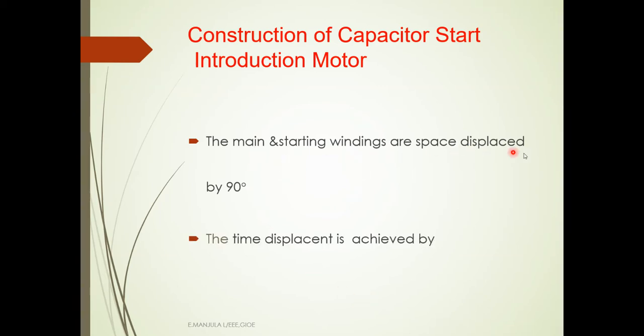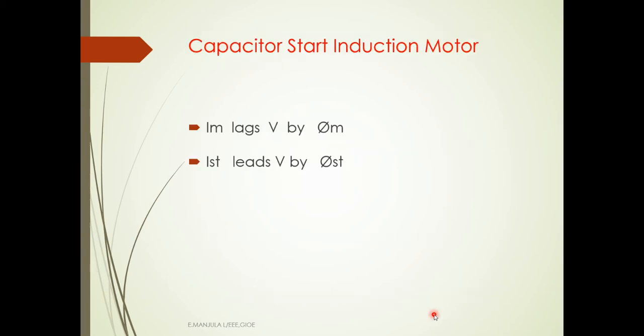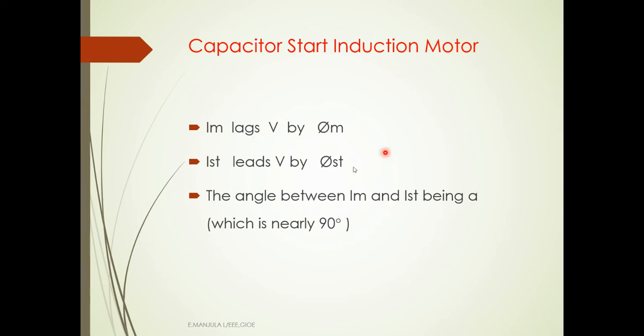The main and starting windings are space displaced by 90 degrees, and the time displacement is achieved by a capacitor in series with the starting winding. In the vector diagram, as in the previous split phase motor, I_m, the main current, lags the voltage by the angle phi_m, and I_st leads V by phi_st.